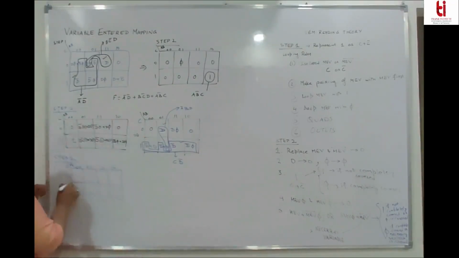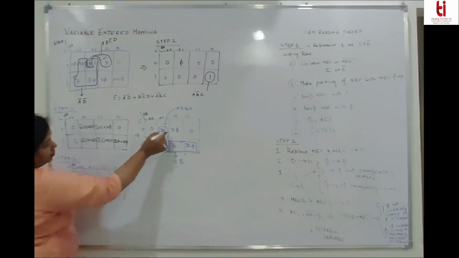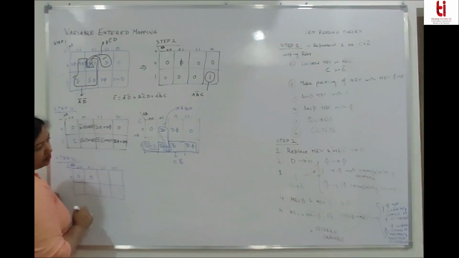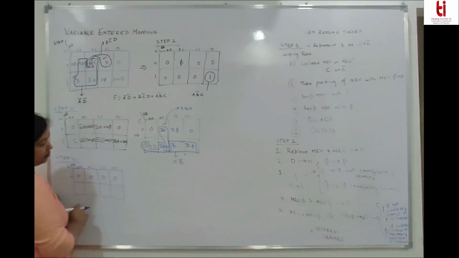Replace map entered variable by 0, MEV 5 with 0, 0 with 0, okay?